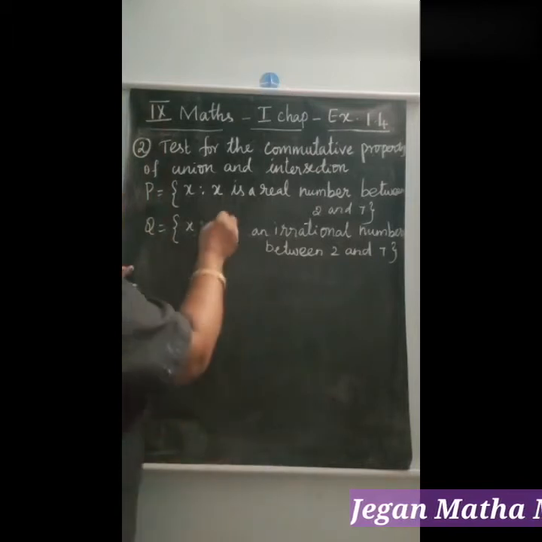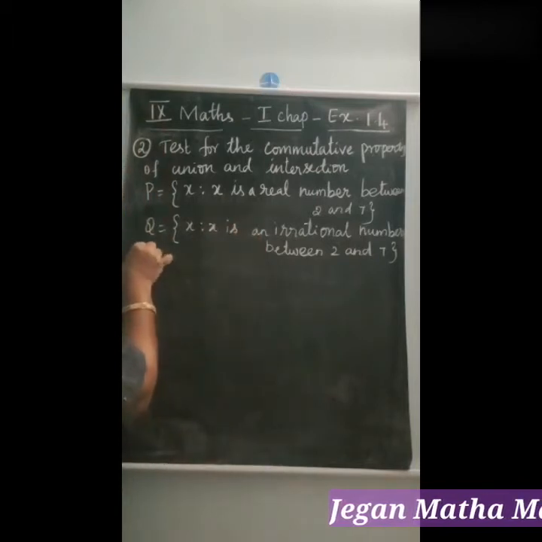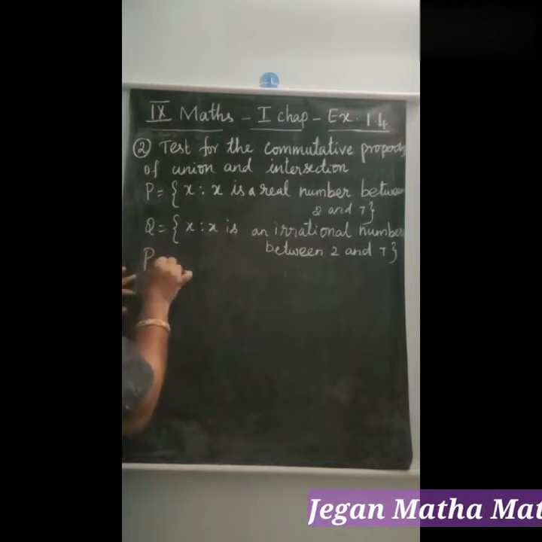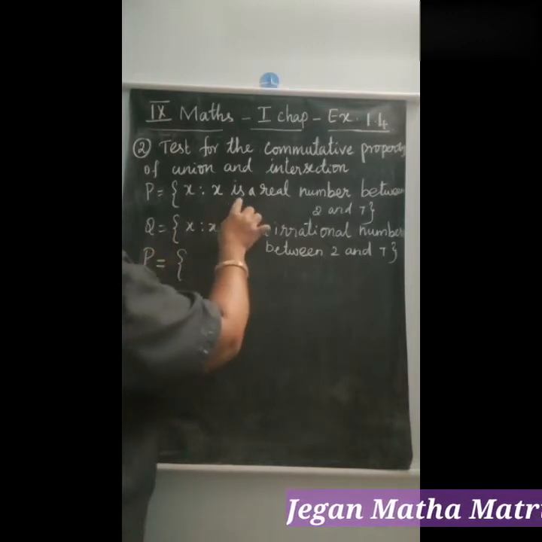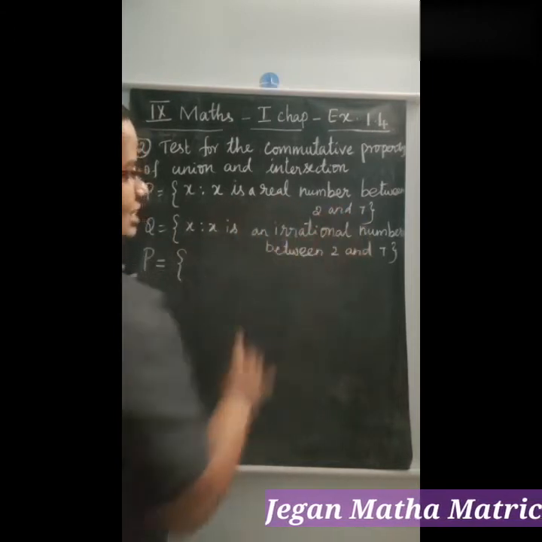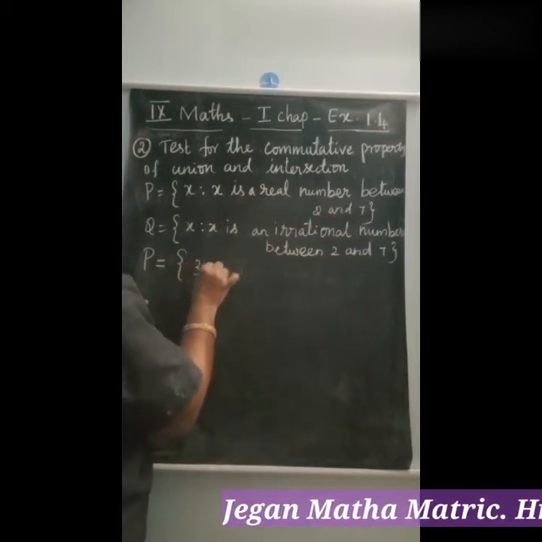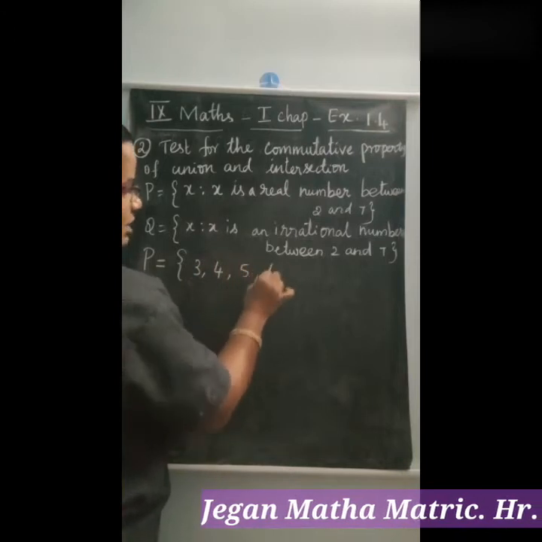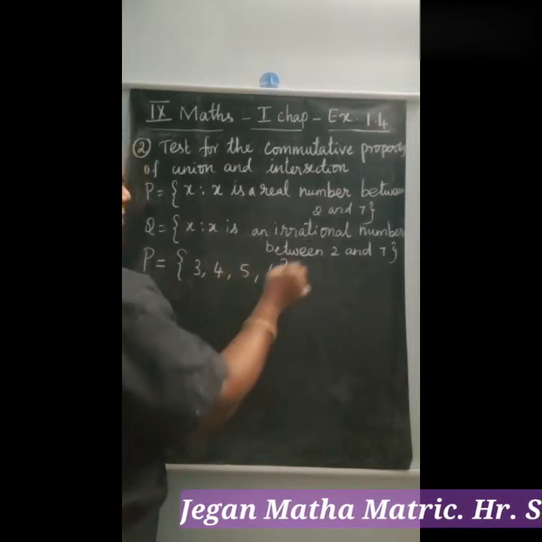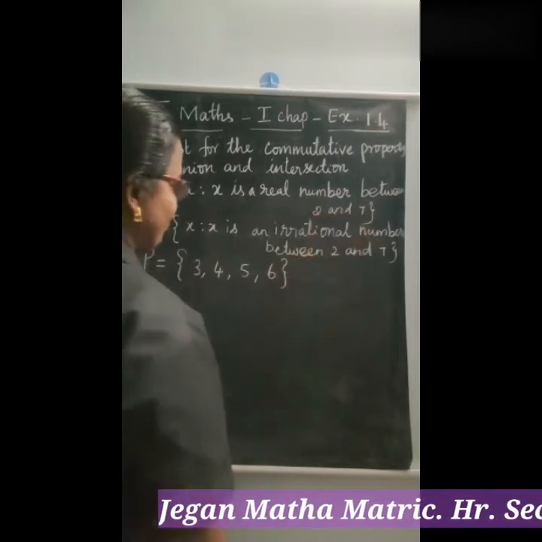First you have to take it in roster form. What is P? P is the real numbers between 2 and 7, so you have to take 3, 4, 5, 6. These are the real numbers between 2 and 7.